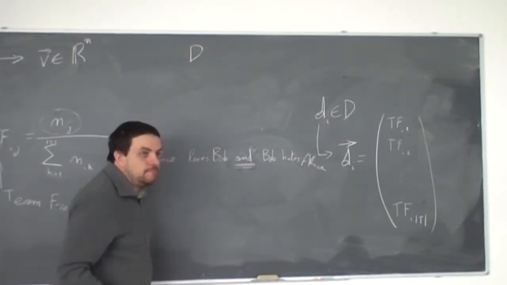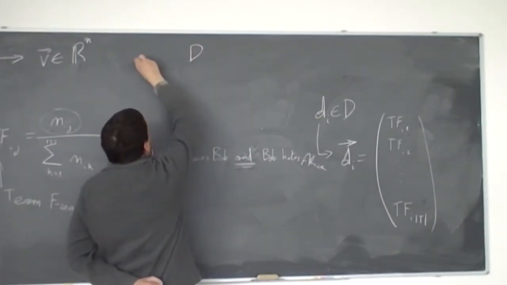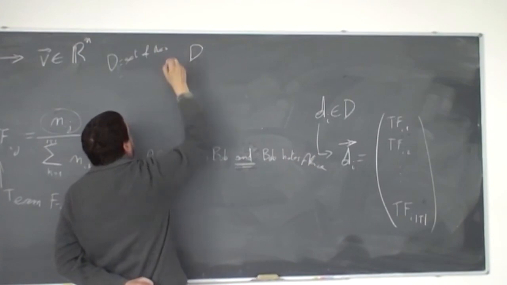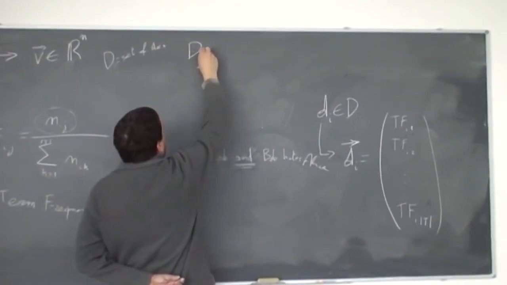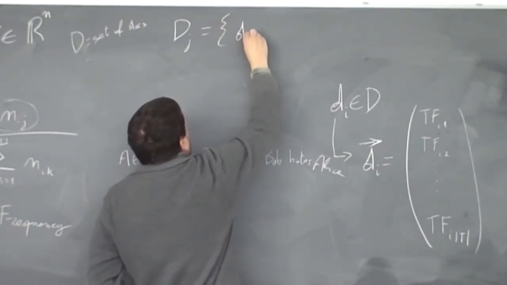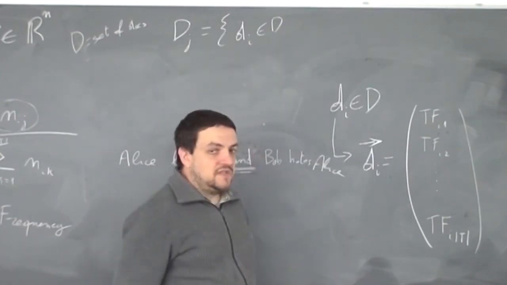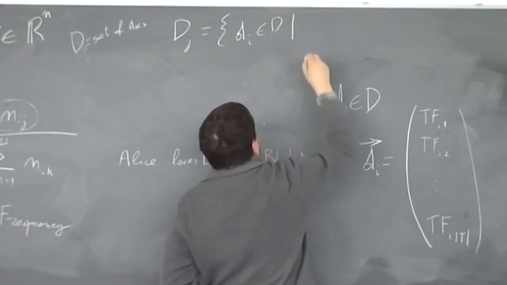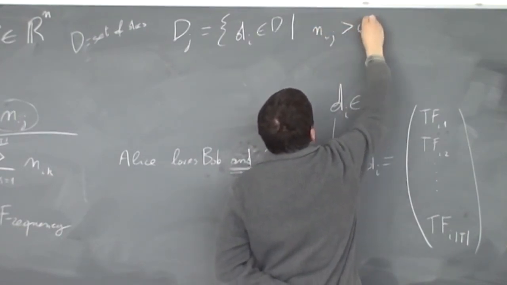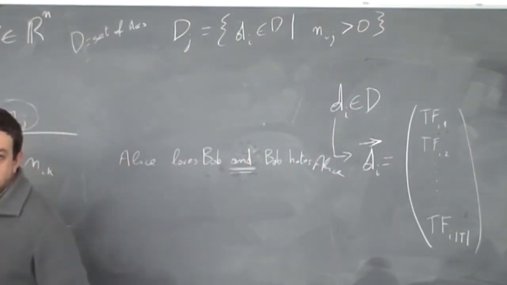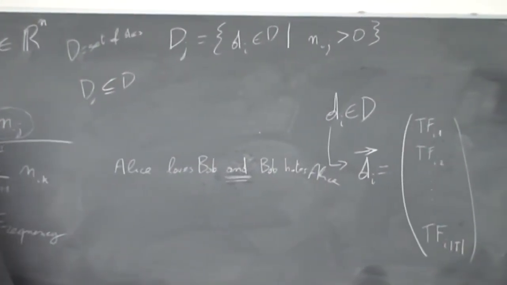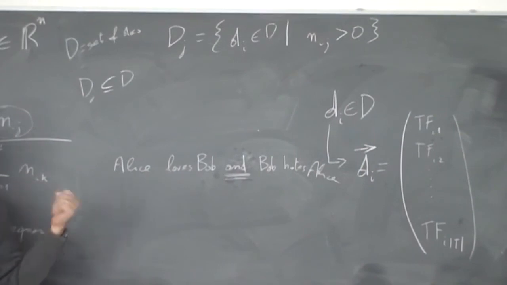So if D is the set of documents, then we can define Dj as the subset of documents that contain the term j.